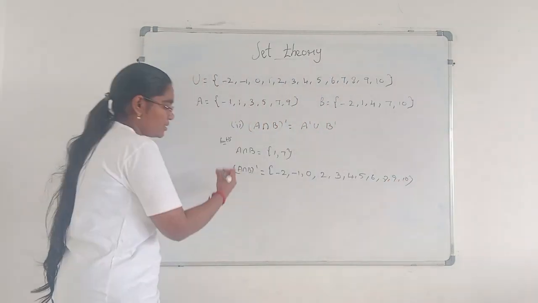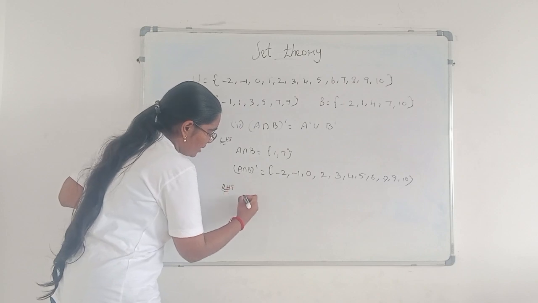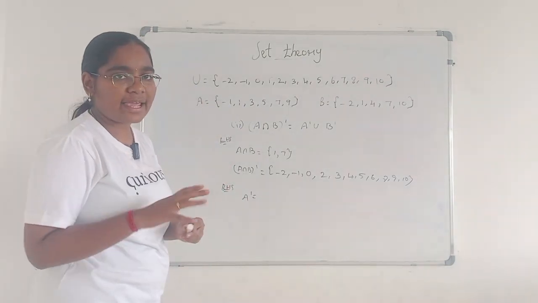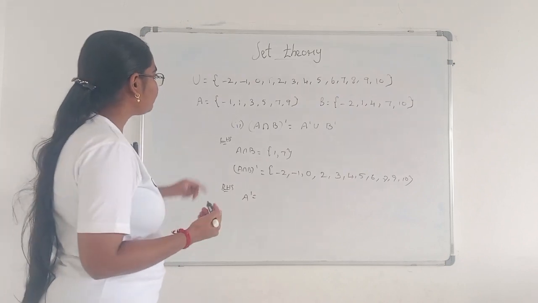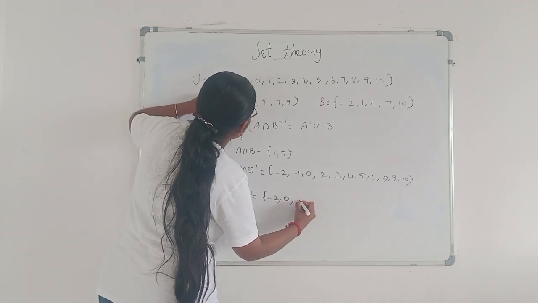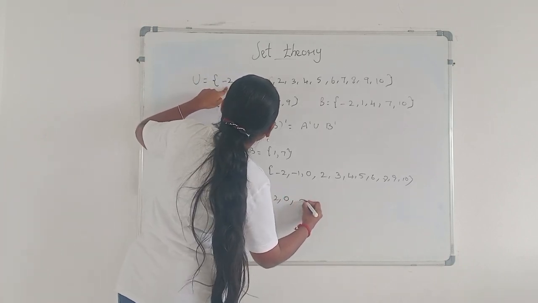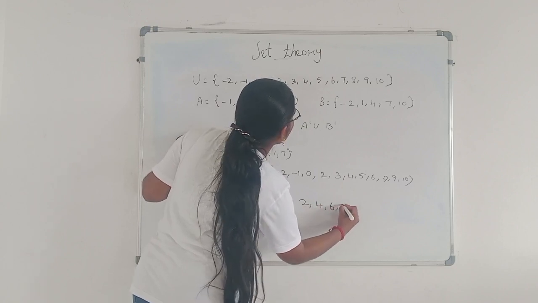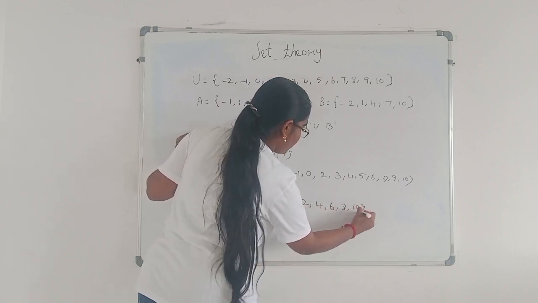In right hand side, first find A', the elements which are not in A but in universal set U. -2, 0, 2, 4, 6, 8, 10.